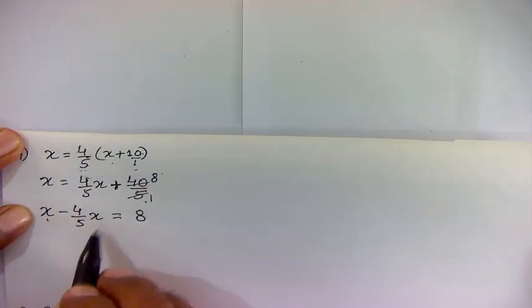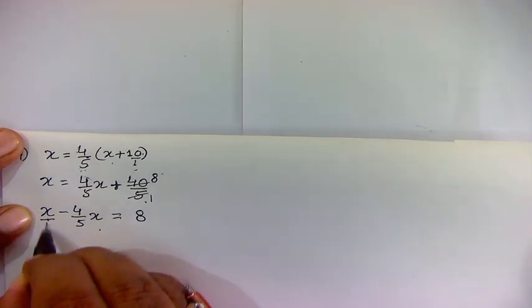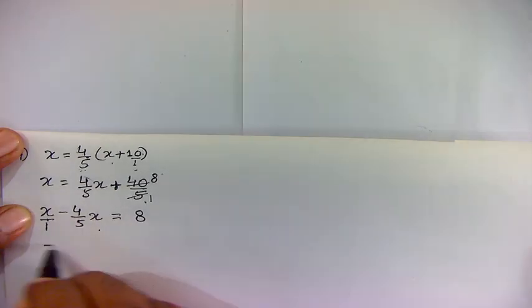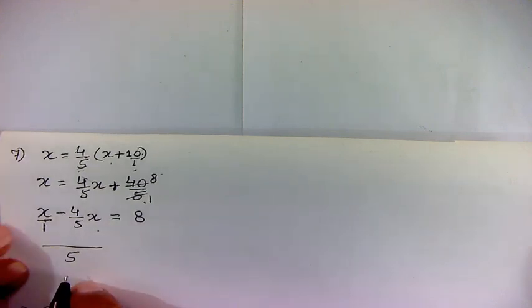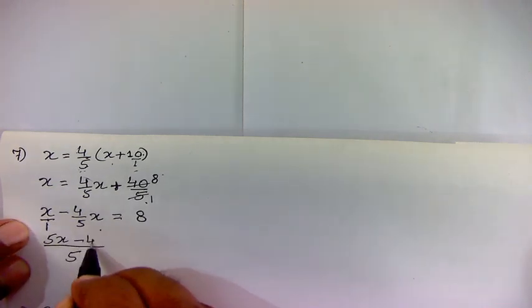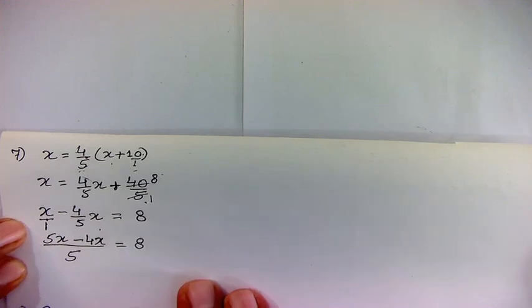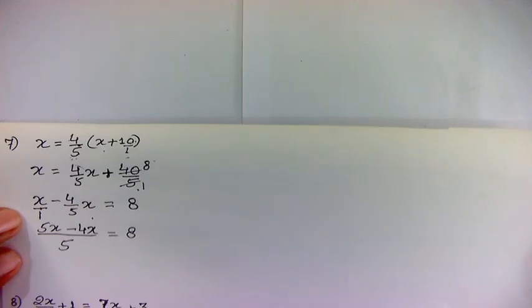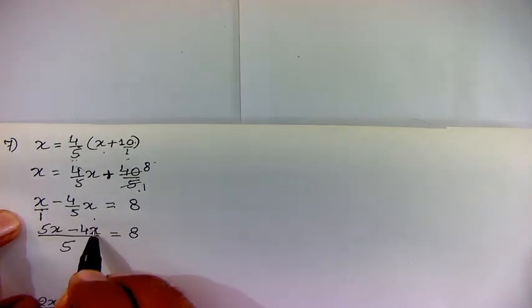Now x minus 4 upon 5 x. Solve this. You will take the LCM and subtract. Taking the LCM, it is 5. Here you have 5x minus 4x equals 8. Now this 5x minus 4x is x.